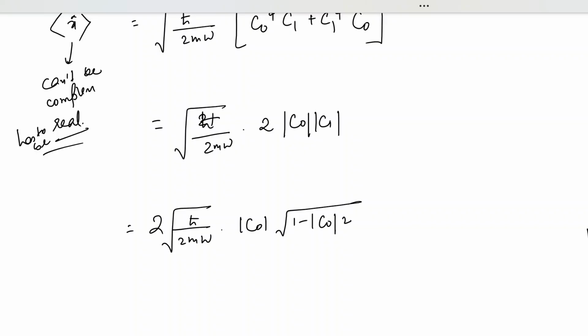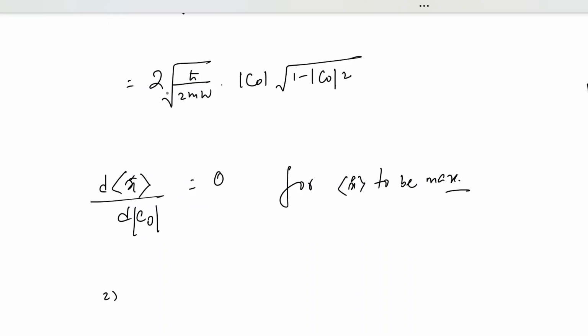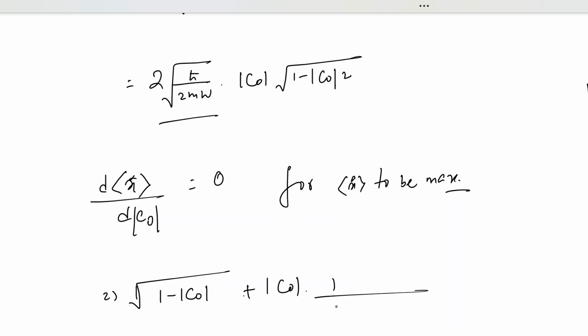Now once you obtain this, you can see when x cap will be maximum: when dx cap by dc0 is 0. The only variable here is c0, so you have to take the derivative with respect to c0 and set it to 0 for x to be maximum. By taking the derivative you ignore the constant terms and only focus on c0. So the first term gives root over 1 minus |c0|², plus |c0| times 1 by 2 root over 1 minus |c0|² into minus 2 c0, equal to 0.